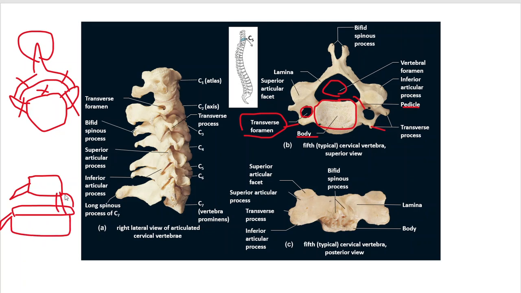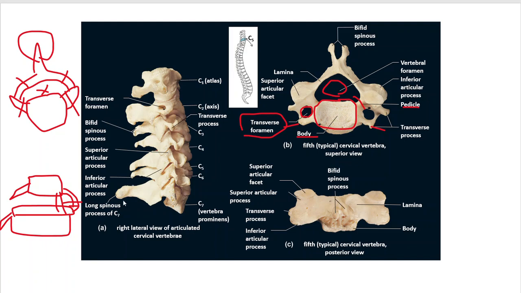But what happens is these two guys come together and they make a hole right there. That hole is called an intervertebral foramen, not vertebral. Why do you call it intervertebral? Because there's two. It takes two of the vertebrae to make this guy. So I'll show you again on some of the others when we get there. I just wanted to give you the heads up as quickly as I could.